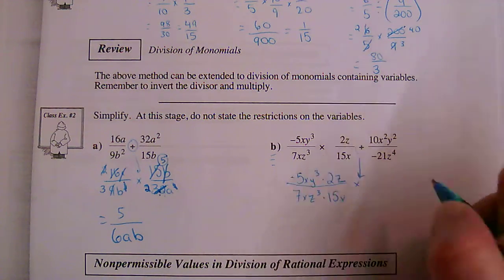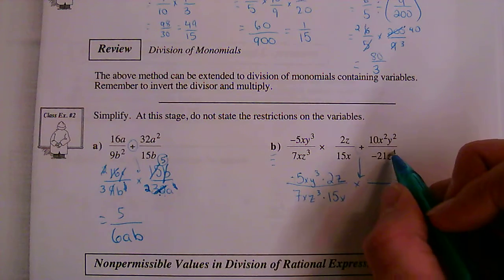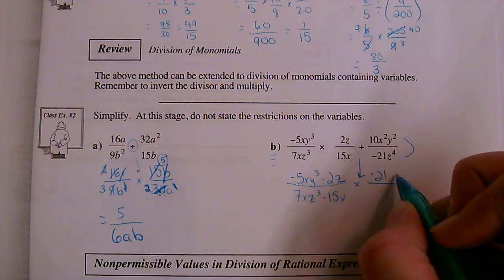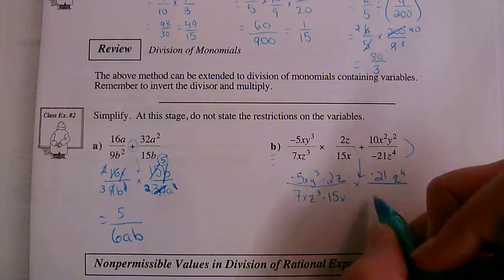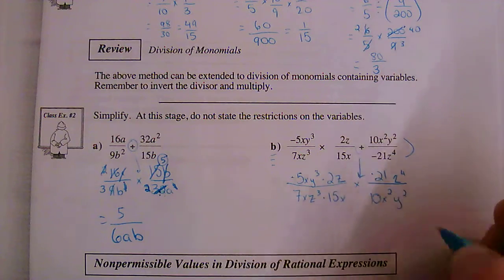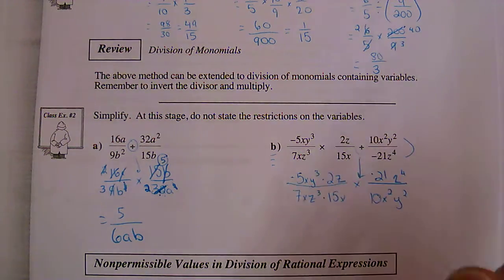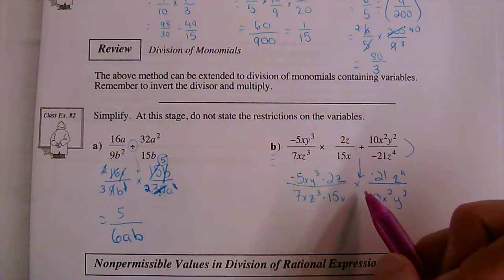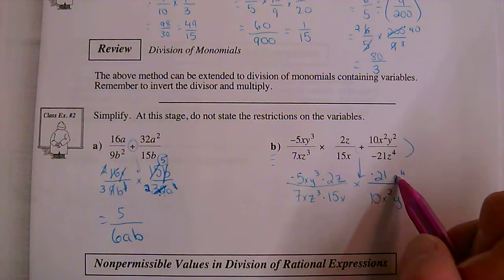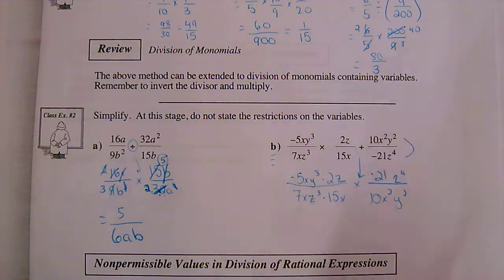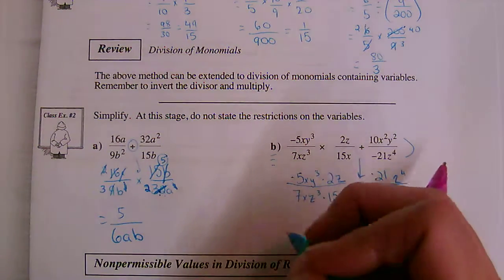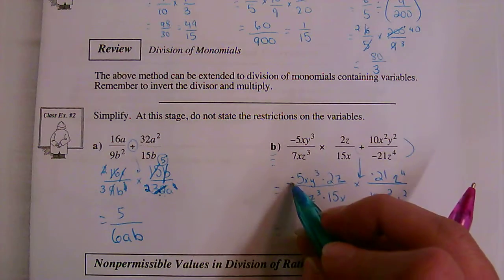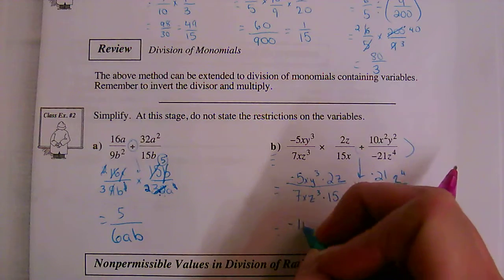And then here I am going to multiply by my reciprocal, so I'm going to flip those, negative 21z4, 10x squared y squared. Now I want to cancel stuff out. So I've got a z here and a z there. Maybe I'll get everything together first. Negative 5 times 2 is negative 10.